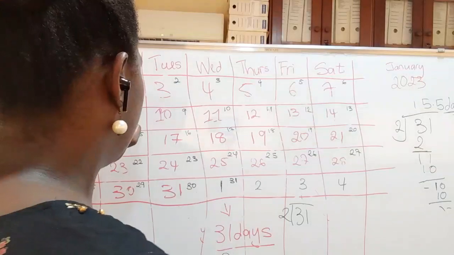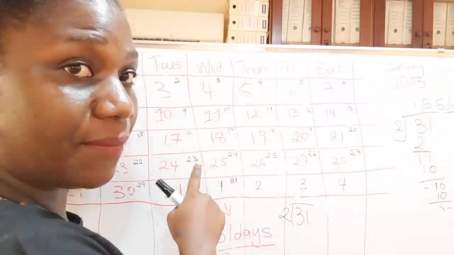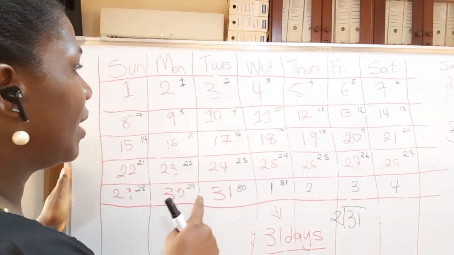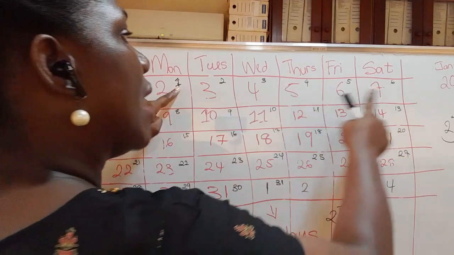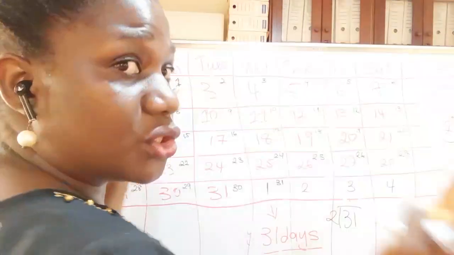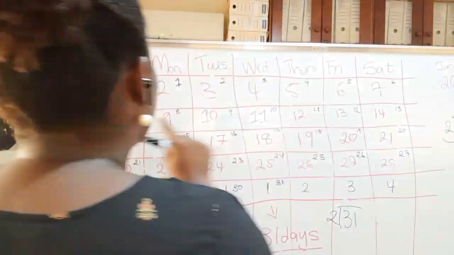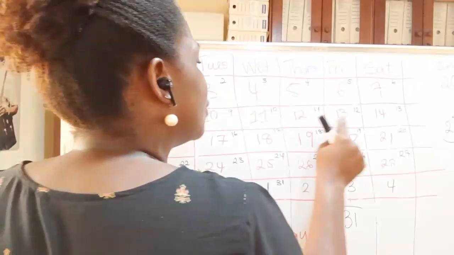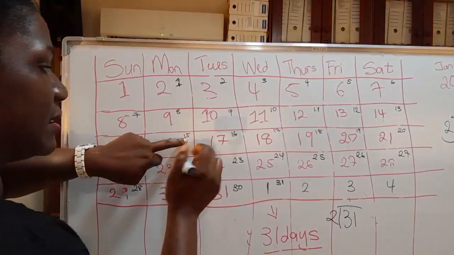Now let's calculate it together. If this is the first day of her menses, remember we are looking at the first day to the 31st day. So we are going to count 15 days and a half. Do count with me. 1, 2, 3, 4, 5, 6, 7, 8, 9, 10, 11, 12, 13, 14, 15. So this is the 15th day, as you can see here.